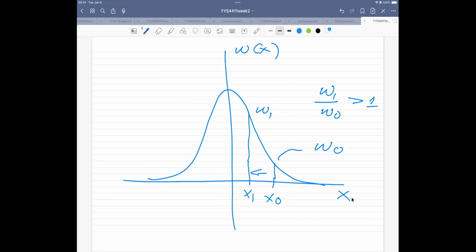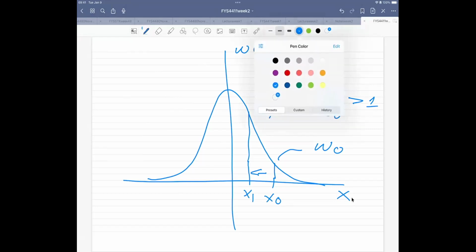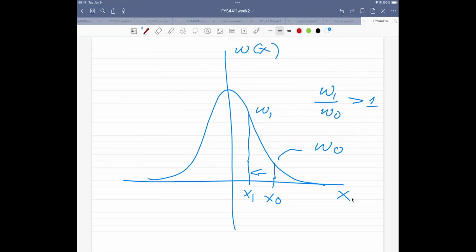And if you look at that, the ratio which we are looking at, let's put that up in the corner here, means that my probability of moving from 0 to 1 divided by A from 1 to 0 also has to be larger than 1. Keep in mind that you could also stay in the same place.